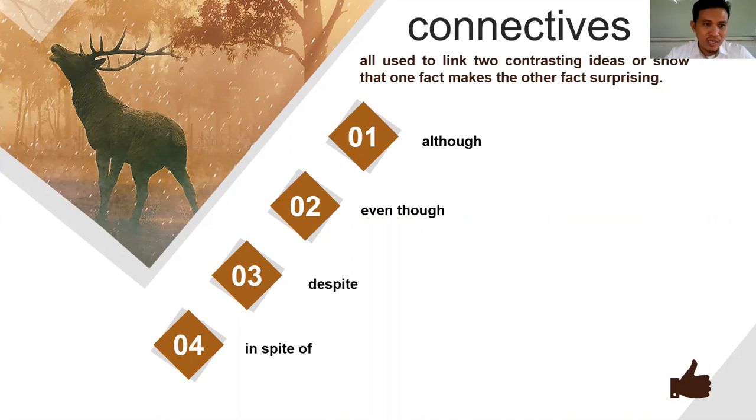In Bahasa Indonesia we have only one, meskipun, walaupun, right? In English we have although, even though, despite, and in spite of. The question is, are they similar in meaning and structure or not? Okay, we'll find out later.